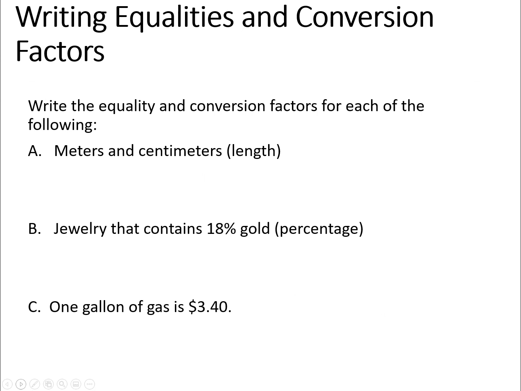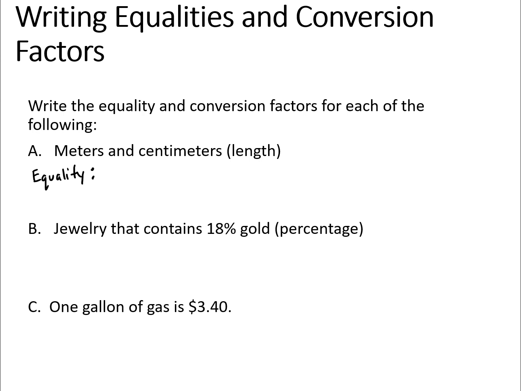So we're going to do more practice with writing equalities, and we're also going to talk about conversion factors. So conversion factors come from equalities. They're just fractions. I'll do the first one. The first part is writing an equality. And we have to do that for meters and centimeters.